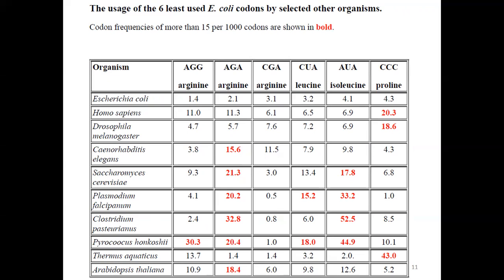With 20 out of 100 frequency, they will select this codon to incorporate proline. But in E. coli, it is rarely used. So proline codon is present in less abundance because they use it in low amounts.